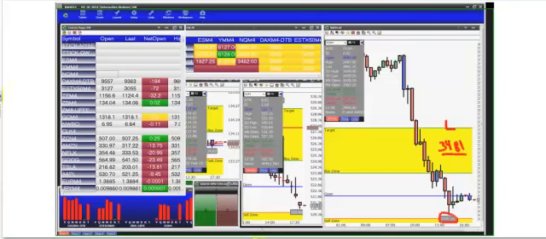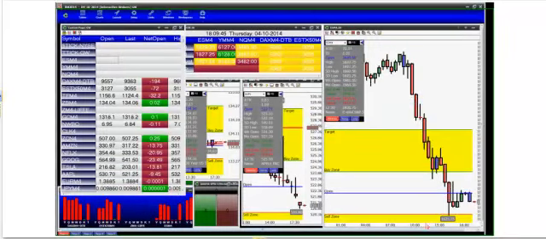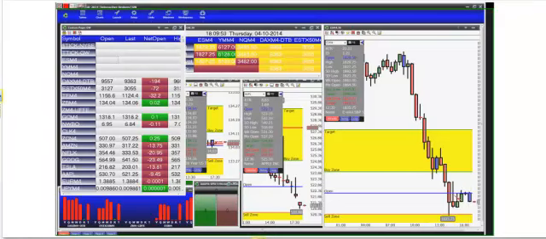So you had 11 points there. Then you come over to the mini, and you see 1823.75, and you add 7 points, so it's 1830, about right there.